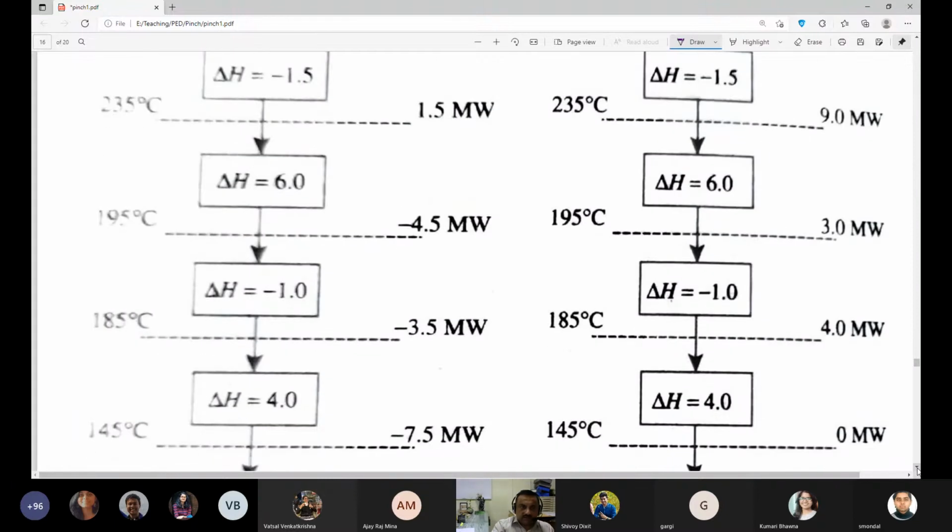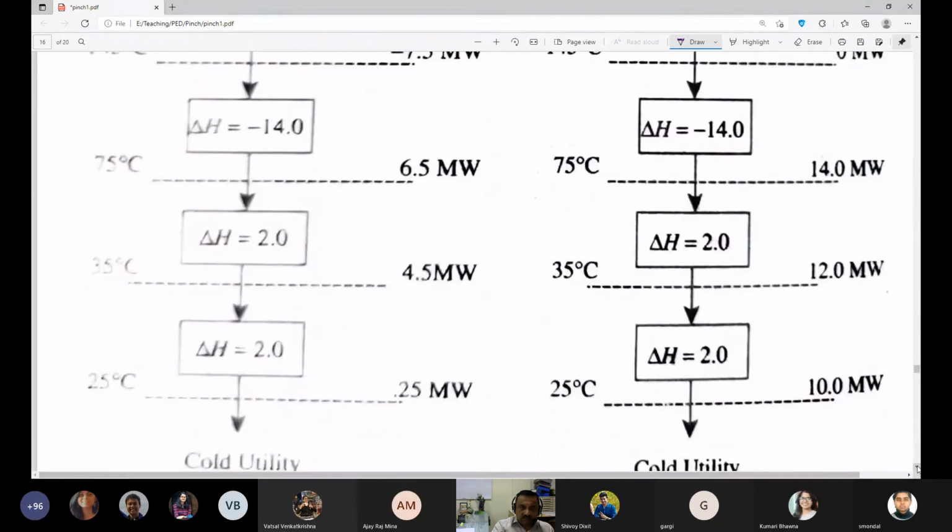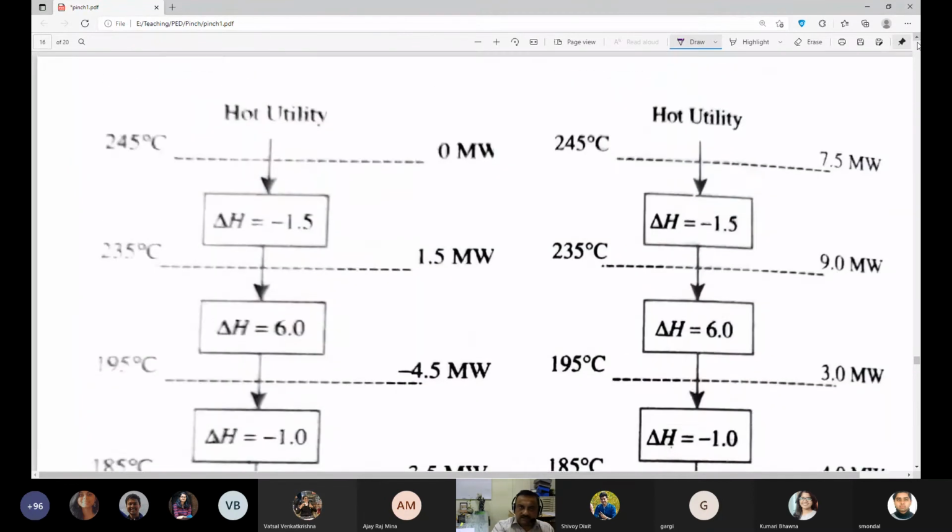So all these delta H values are listed. Now, if I start with 0 here, then this becomes 1.5, because we are accounting delta H of minus 1.5.